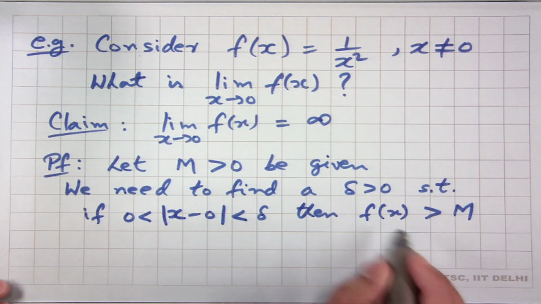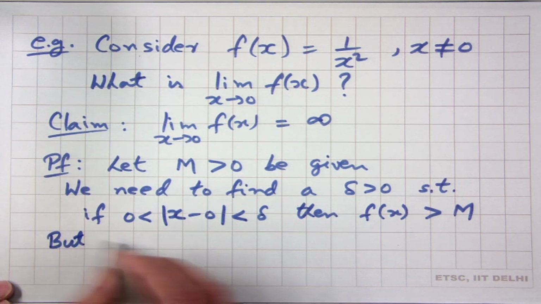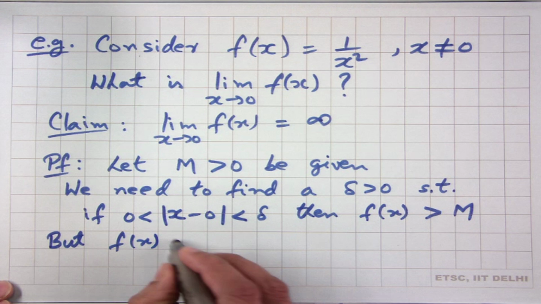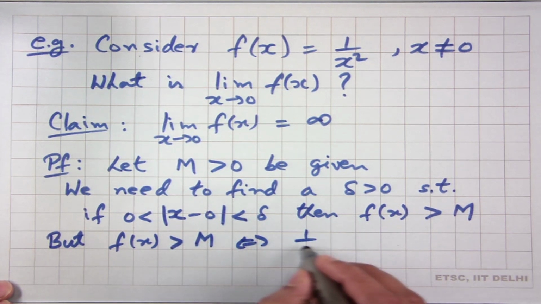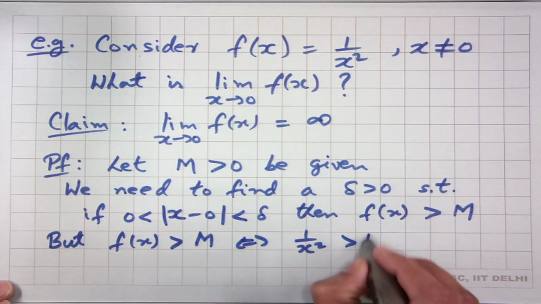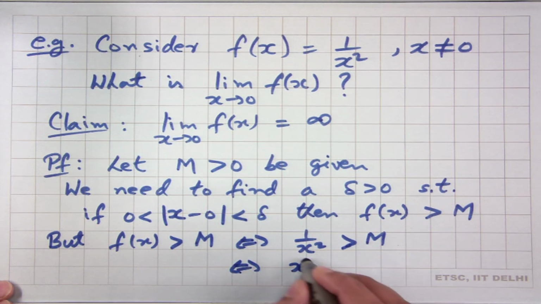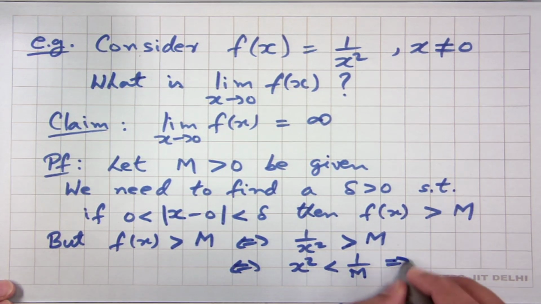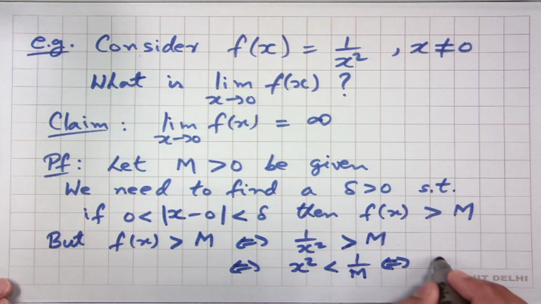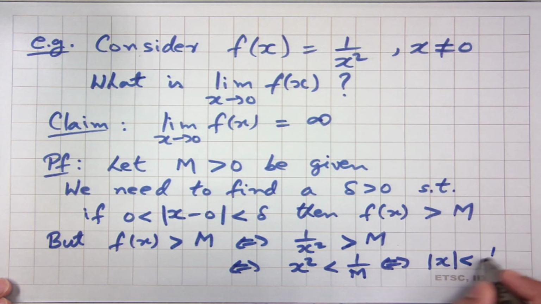Now, f of x bigger than m means that 1 by x square we want to be bigger than m, which is equivalent to x square less than 1 by m, which is equivalent to mod x less than 1 by root m.